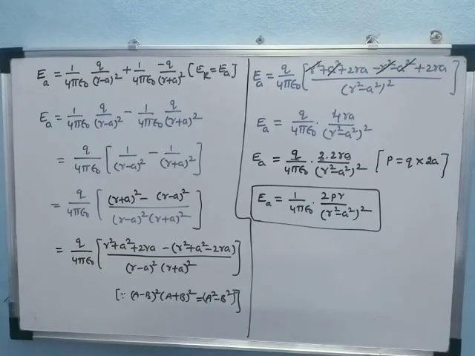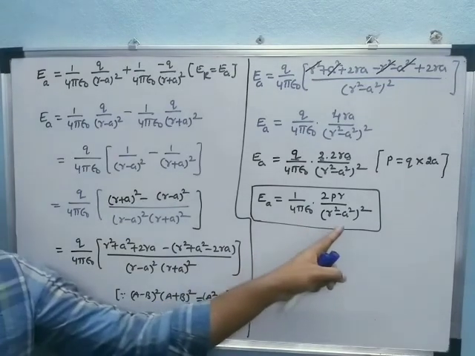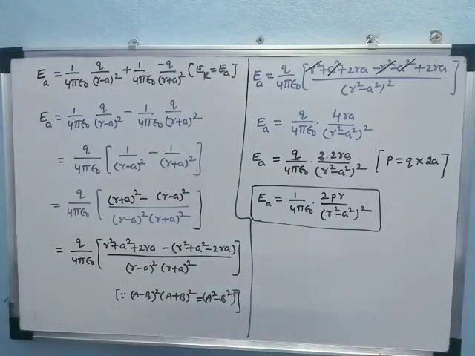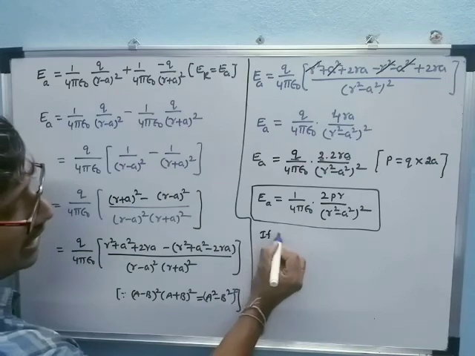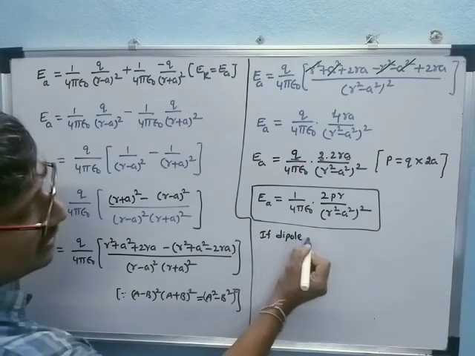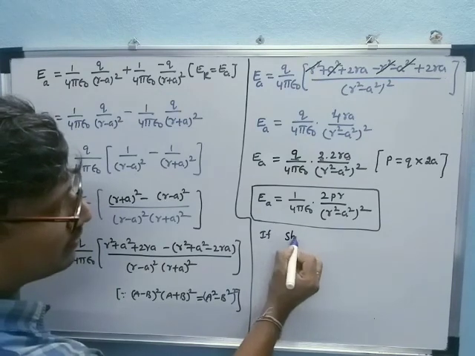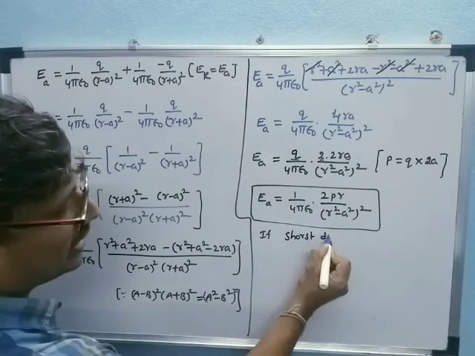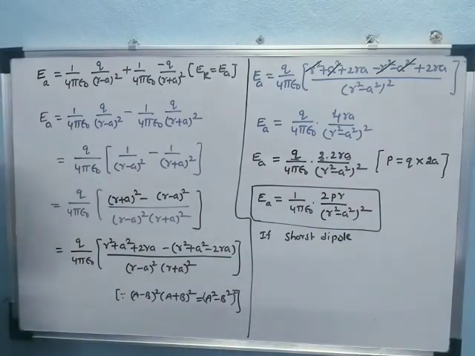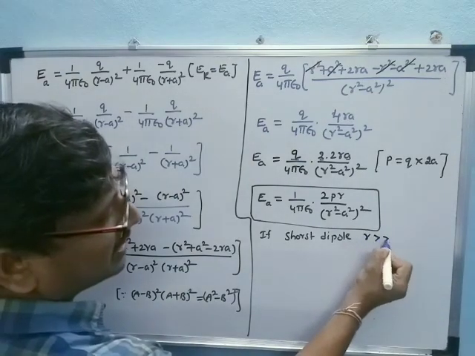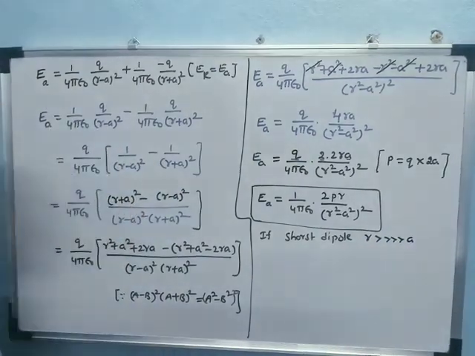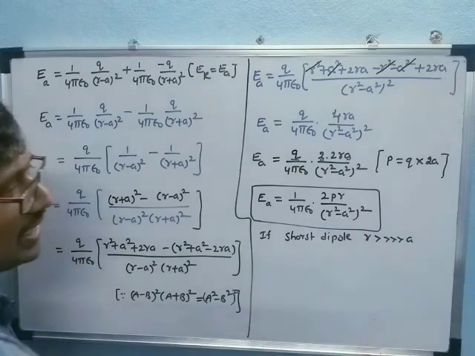This is the formula of the intensity of electric field at a point on the axial line. If it is a short dipole, it means R is greater than A, so the A value can be neglected.